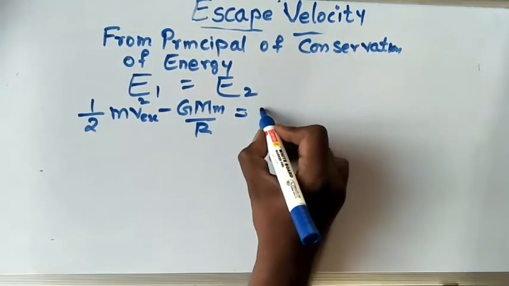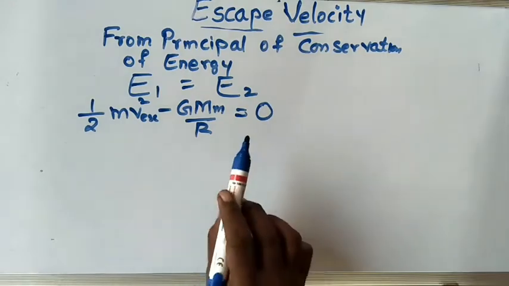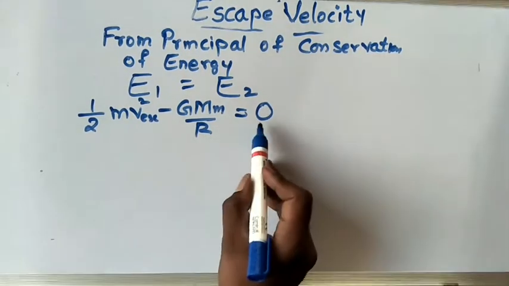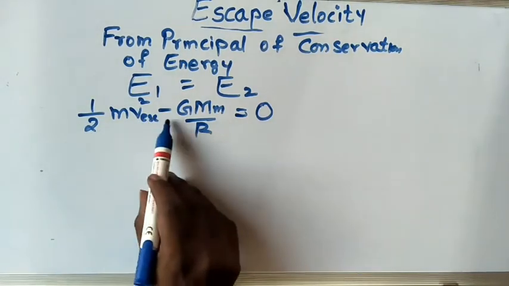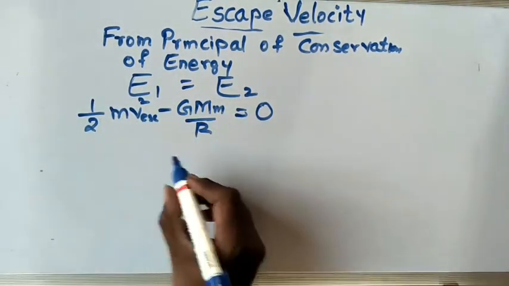And E2 was 0 because the kinetic energy was also 0, and potential energy was also 0. So kinetic plus potential is equal to 0. Here kinetic energy is half mv square, potential energy is minus GMm upon r. That is E1.